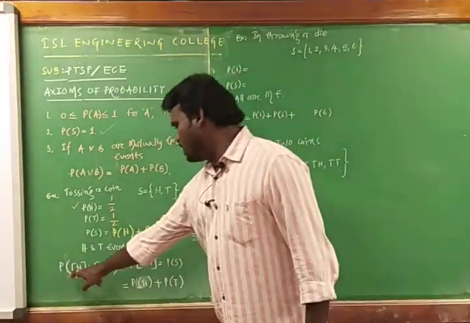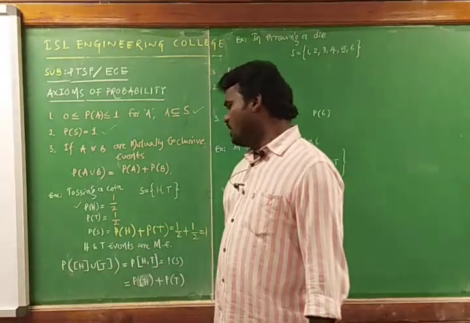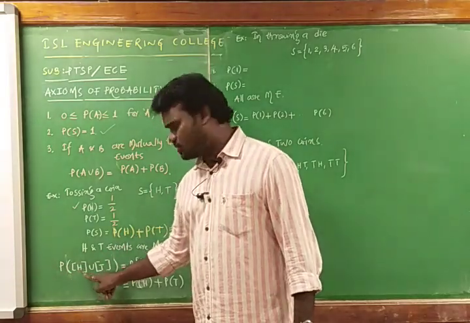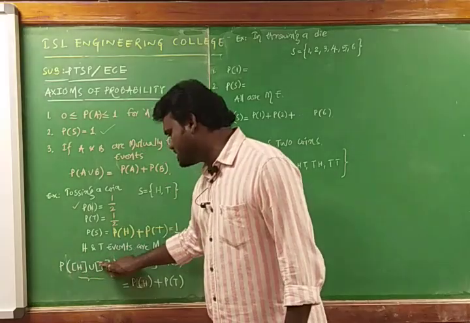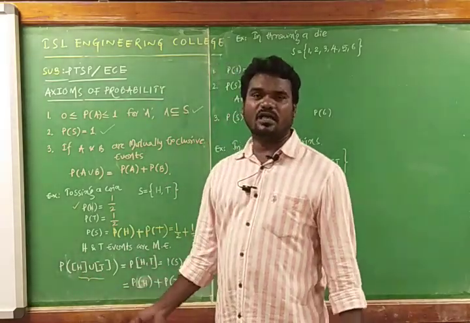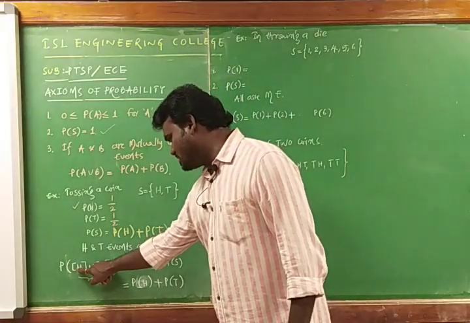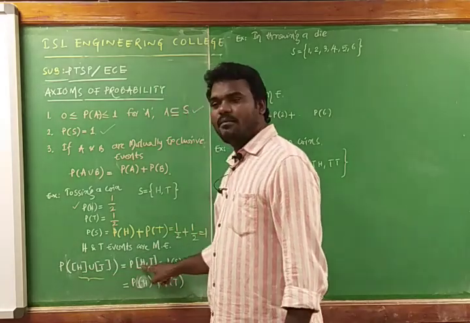Here, probability of H union T, I am simplifying this one. H union T is nothing but H, T only, because the set H union set T is nothing but H comma T only.